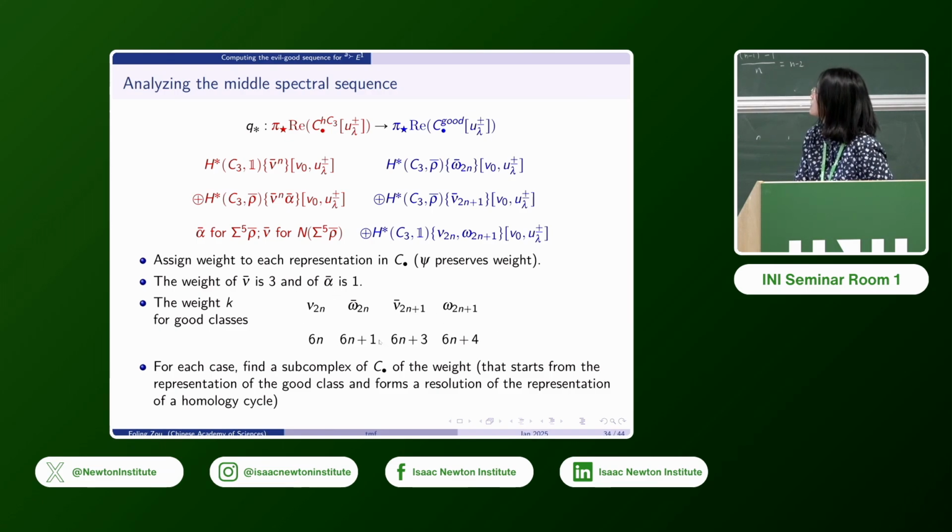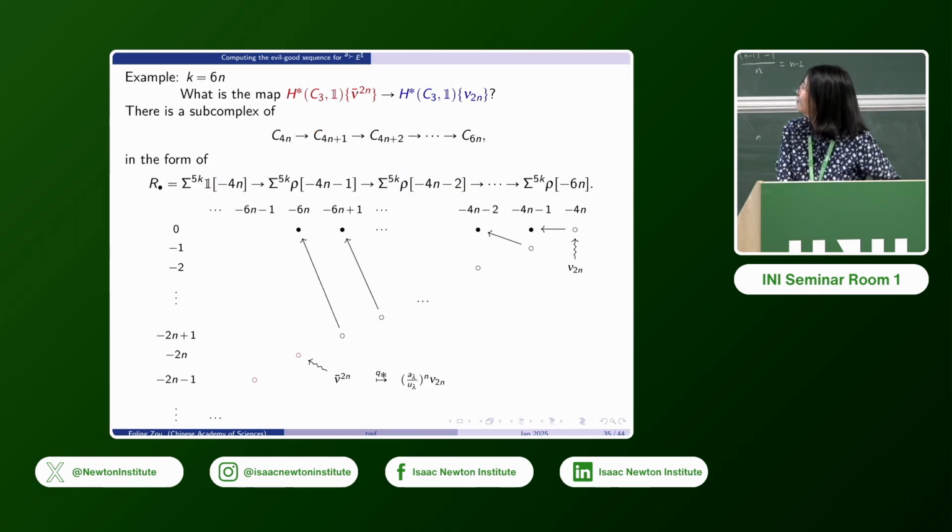So we know the weights must match, so we know which elements map to which elements as representations, but we don't know precisely how. And to find how, we need to find a subcomplex of that weight that relates the two sides. So let me elaborate on the next page how.